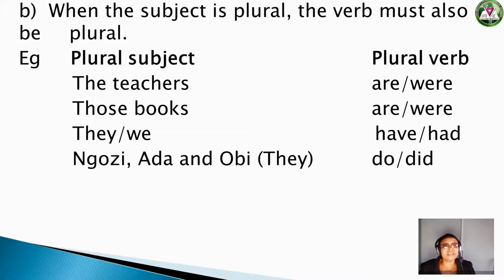Secondly, those books are, or if the action is in the past, you say those books were. The third example: they have, we have. The fourth one: Ngozi, Ada, and Obi do. Or you may say, they do.